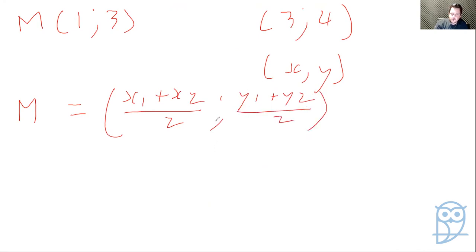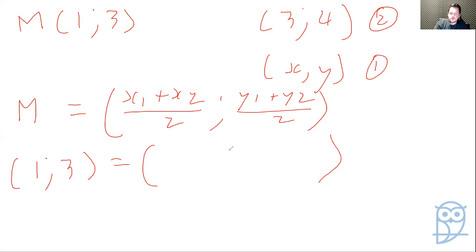So let's fill in what we know. My midpoint here is 1, 3. Notice this midpoint is a coordinate. It's not just the x part, it's not just the y part, it's the whole coordinate, because the coordinate on the left must equal the coordinate on the right. So x1, doesn't matter which point I make x1? No, it makes absolutely no difference. For a change up, I'm going to make this point 1, I'm going to make that point 2.